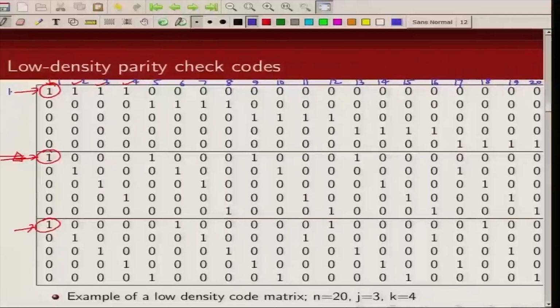Similarly, I am labeling these rows. You can see there will be 15 parity check sets, each corresponding to one of the rows.